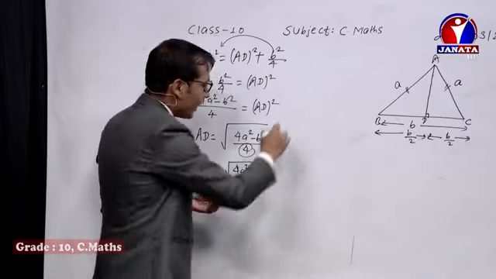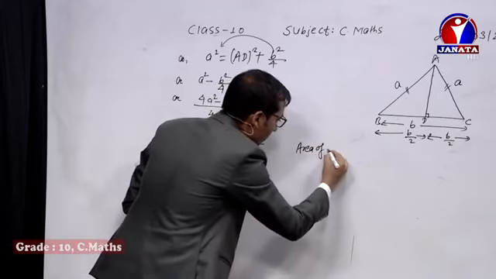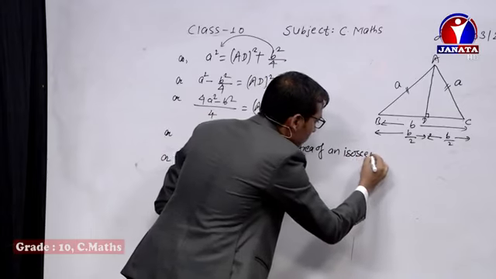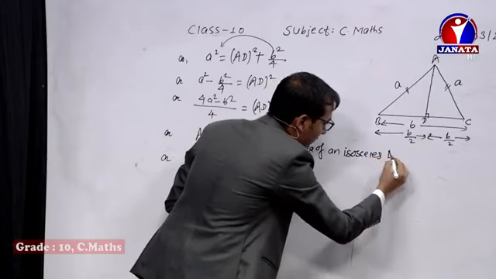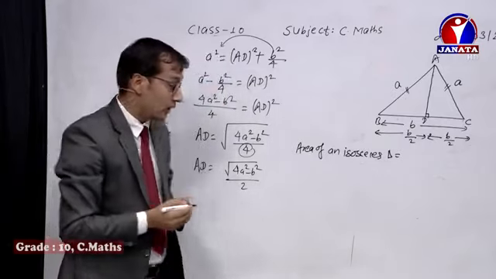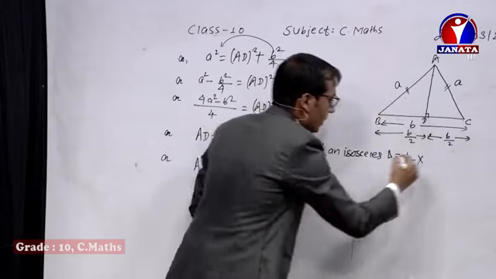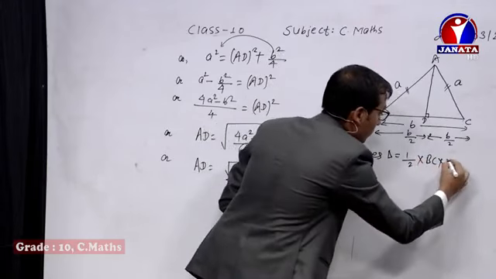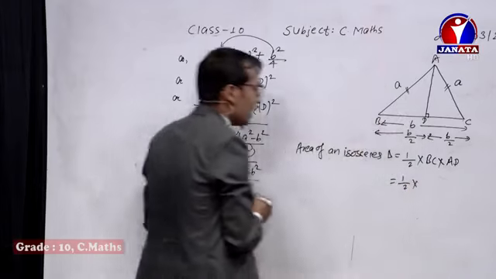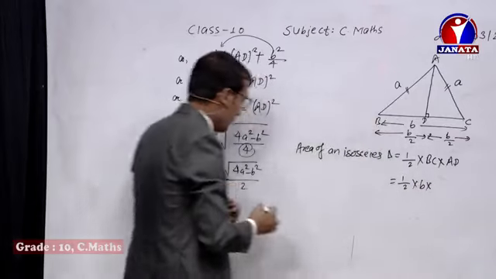Now what is the area? The basic formula of a triangle is 1/2 of base BC times height AD. So 1/2 times BC, what is BC? B times what is AD.